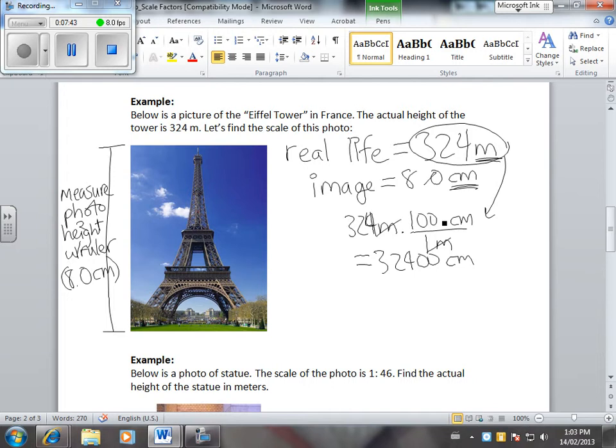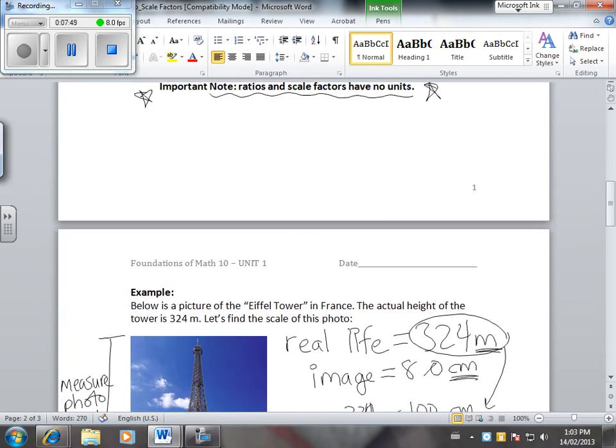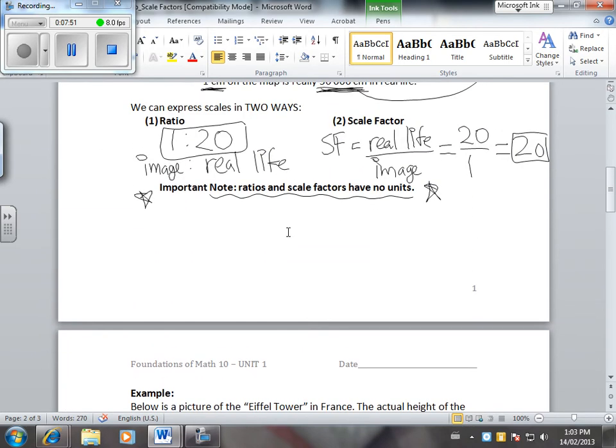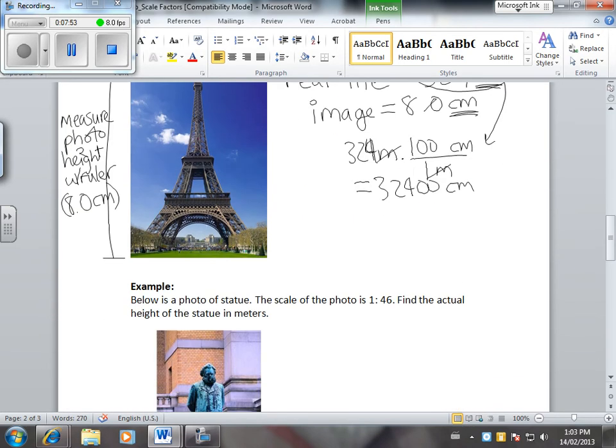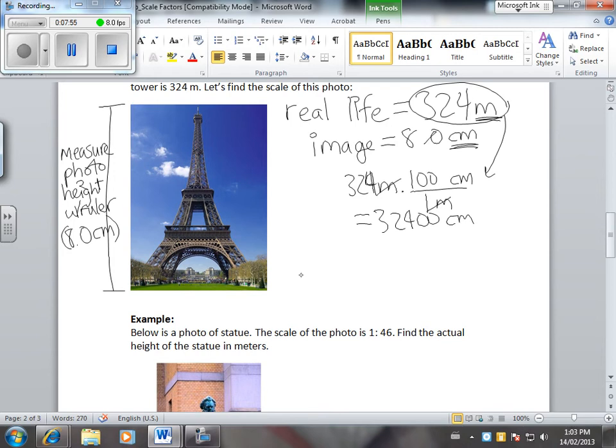And now we will do scale factor. Okay, so let's try scale factor. So remember, if we look back here, scale factor is real life over image. So scale factor equals real life over image.